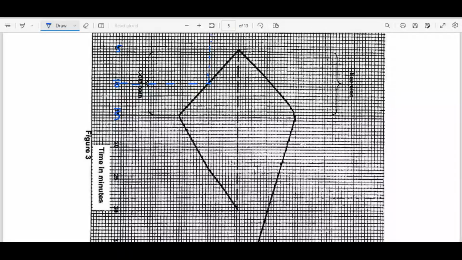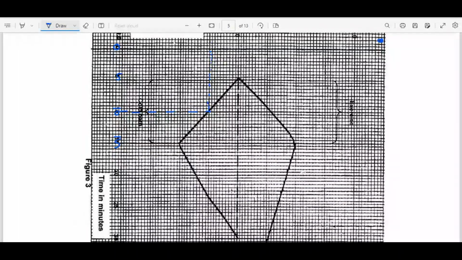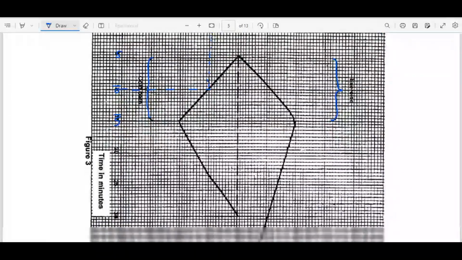So for the actual graph paper, we have been given the exercise. So this is the point of the exercise. Then this is the point of immersion in cold water. So according to my graph here, it is just taking 30 minutes.